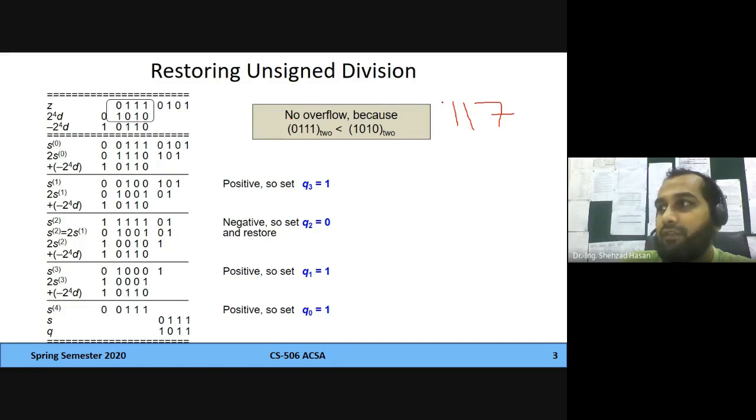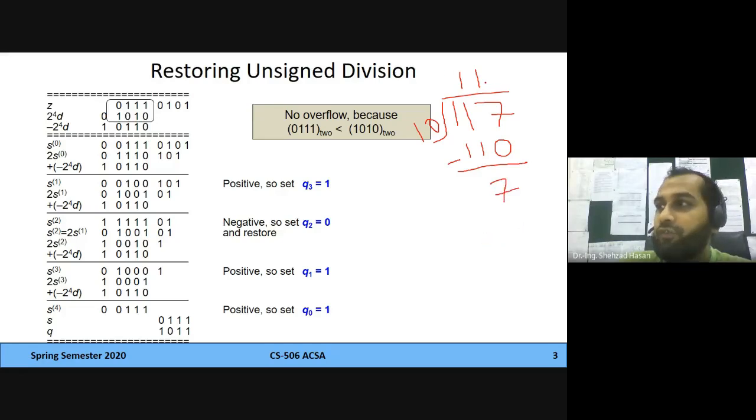So that's an easy thing to do. So you are basically dividing it by 10 here. So you know what the answer should be. So 10 multiplied by 11 is going to be 110, and the remainder is going to be 7, right? So this is going to be your answer.